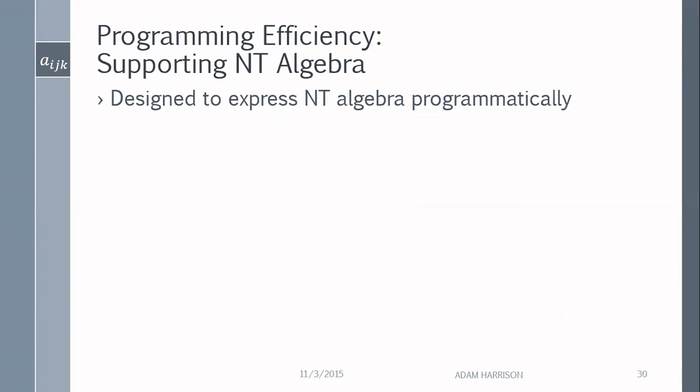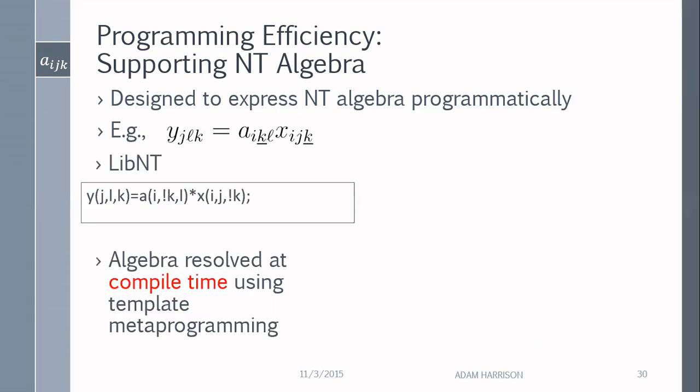So programming efficiency: to support the NT algebra without much coding difficulty, right? This is about the readability of the code compared to the model, the algebra. So if you had an algebraic expression like this, in libnt, it will look like this, right? So of course we code on a line with just ordinary characters available on the keyboard. So we have to map the subscripts and the underlines to a suitable way of typing that expression out.